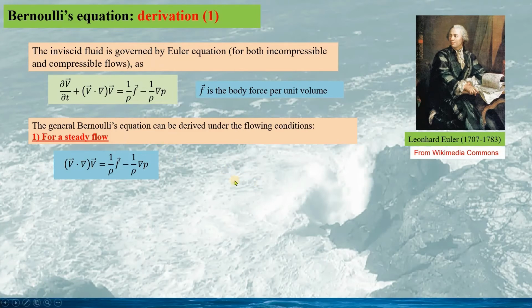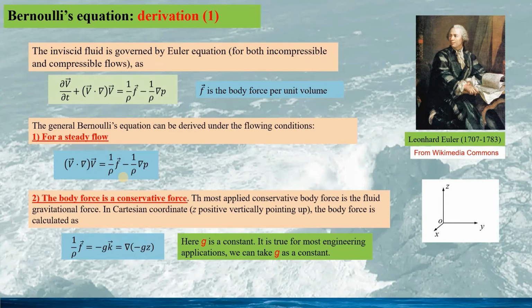The first condition is that the flow is steady. Therefore, the term of the differentiation of the velocity vector with regard to time is 0, so we have the equation as this. And the body force must be a conservative force. The most applied conservative body force is the fluid gravitational force.